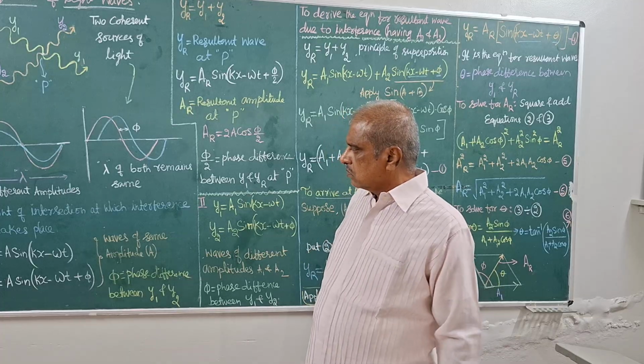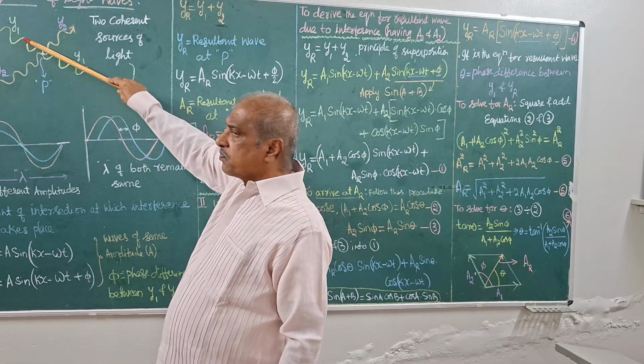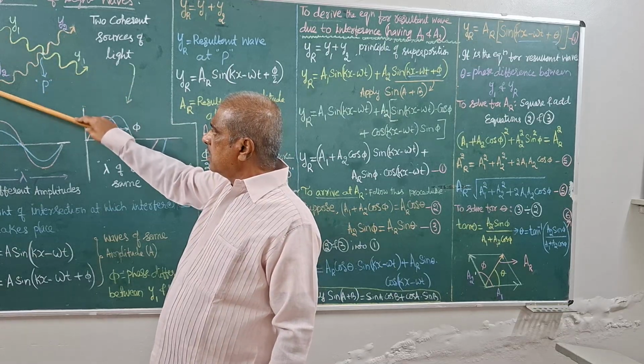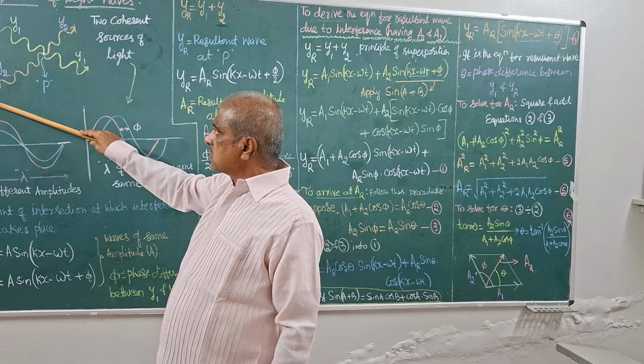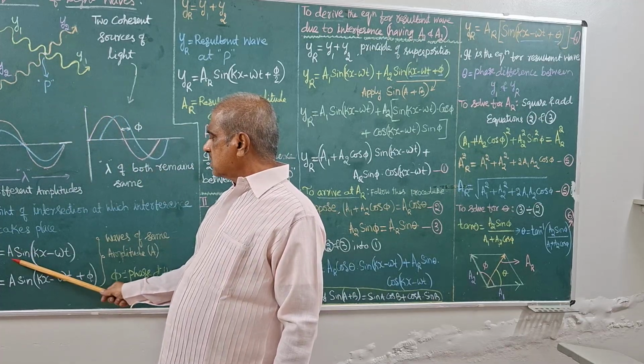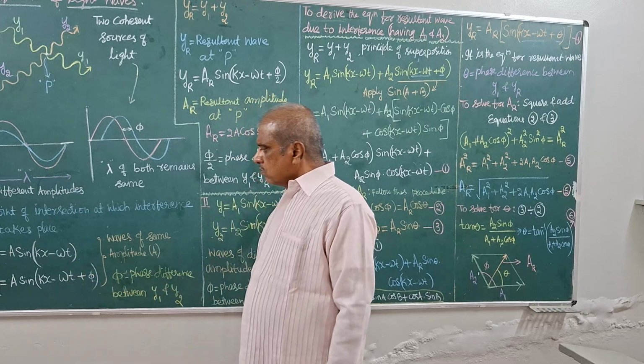Now, this wave function, that is wave 1, is from the source S1, and wave 2 is from the source S2. The wave function is given by this equation. It is known as a sinusoidal wave.